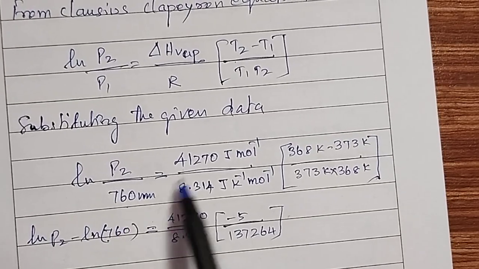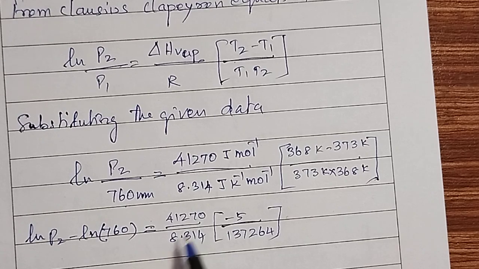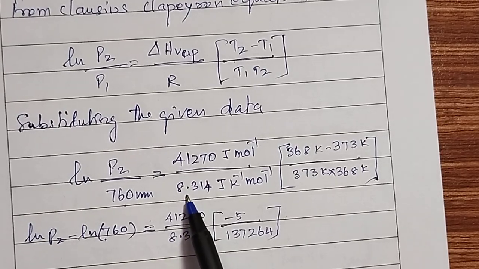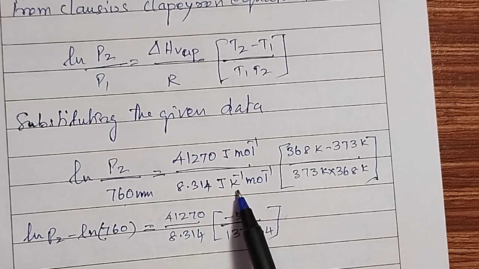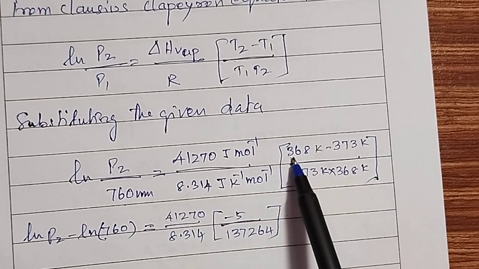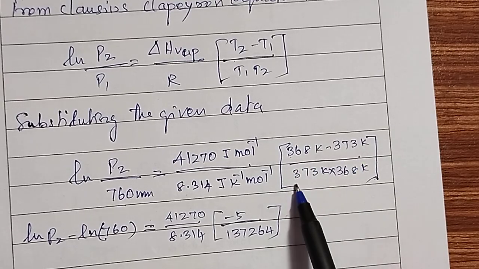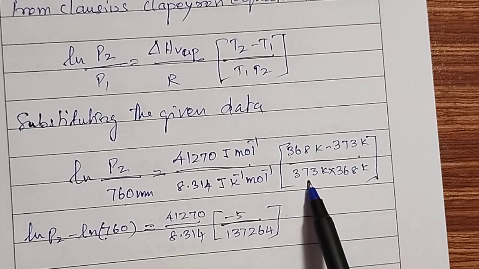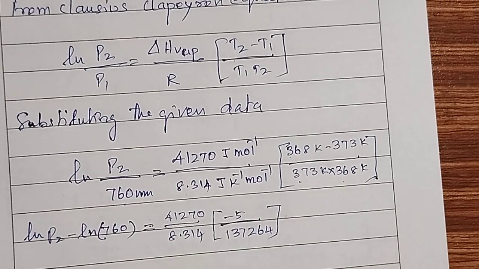P1 is already given, that is 760 mm, and I have put it here. Delta H vaporization we know is 41,270 joule per mole, and the gas constant R is 8.314 joule per Kelvin per mole. T2 is 368, T1 is 373, and T1 multiplied by T2.